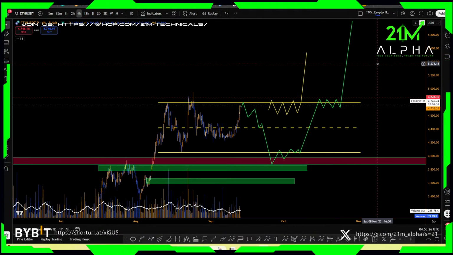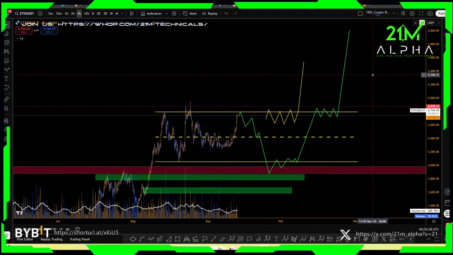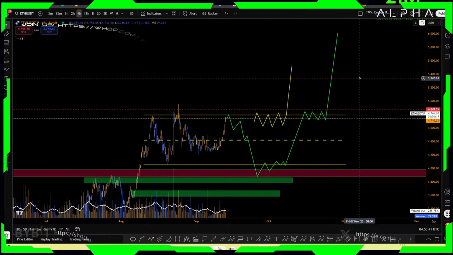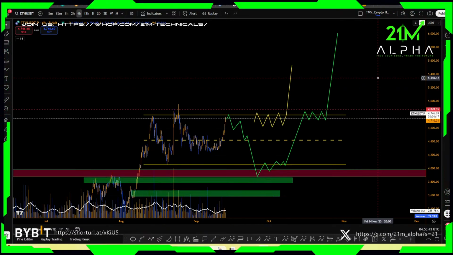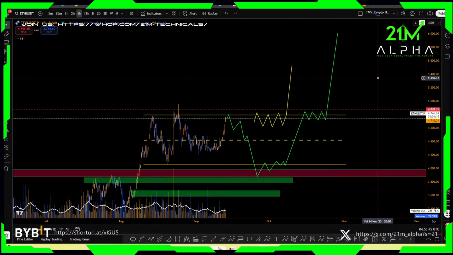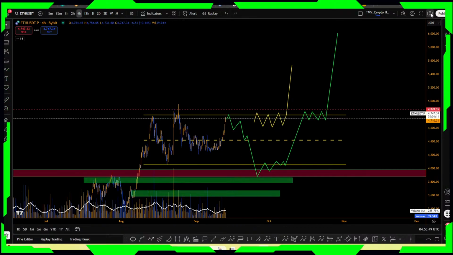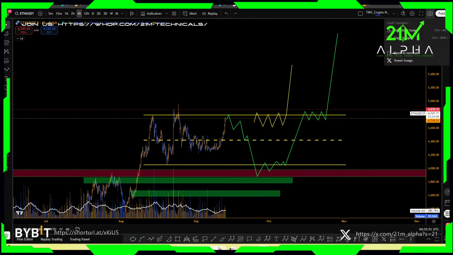So this is the most bullish case scenario for ETH at this point in my view, because guys, I really don't see how ETH is going to dump back down to 2,500, because October is going to be bullish in my view, and every year October is bullish. So at this point, these are the 2 scenarios that I have for ETH.